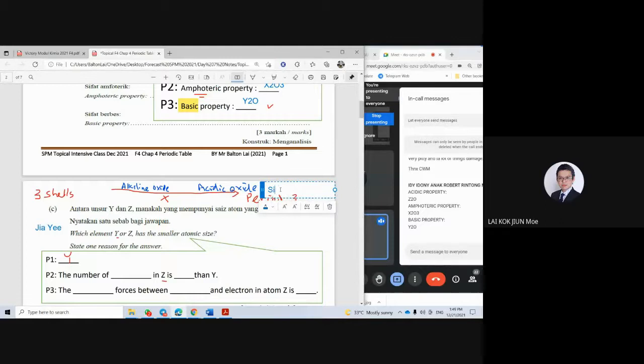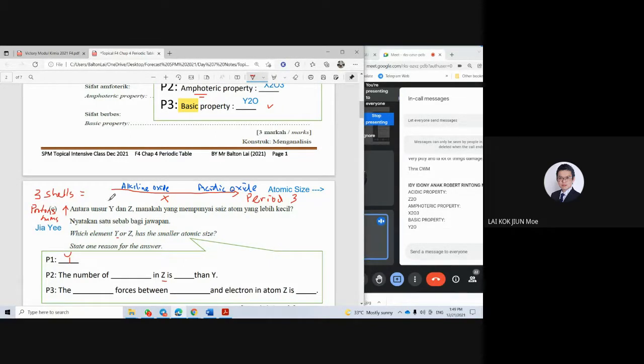The size, atomic size, bigger or smaller? You see, when they go across, shell number remains same, but proton number increase. Proton number increase, shell remains same.